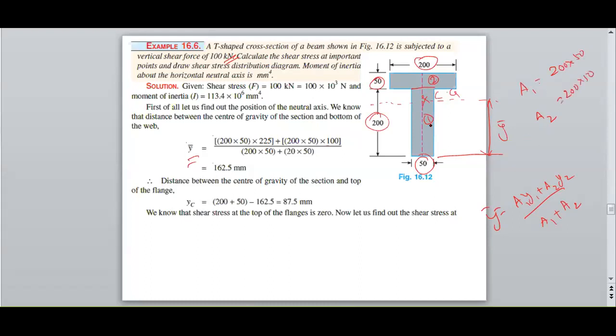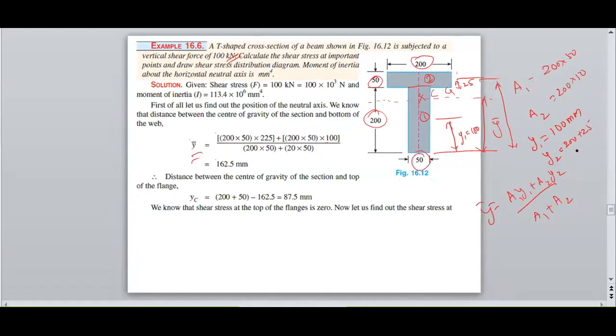And y1 is 200 by 2, that is 100 mm, and y2 from the bottom is 50 by 2, that is 25, so from the bottom it is 200 plus 25, 225.